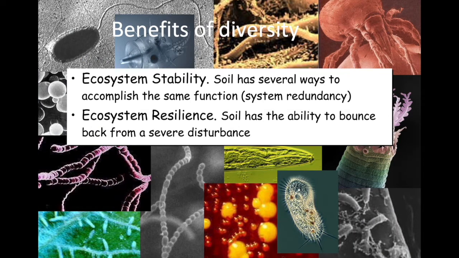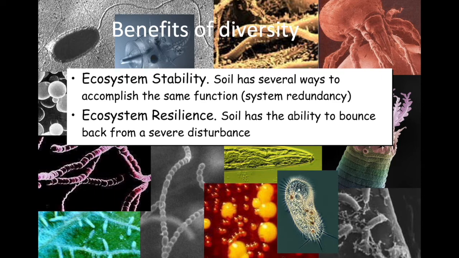What are the benefits of this biodiversity in the soil microorganisms? The first one is ecosystem stability. The second is ecosystem resilience. Soil has several ways to accomplish the same function, so there is a system redundancy, that is for ecosystem stability.